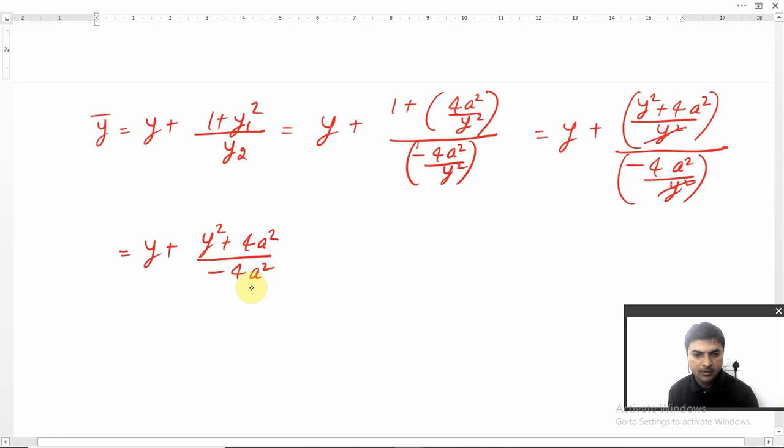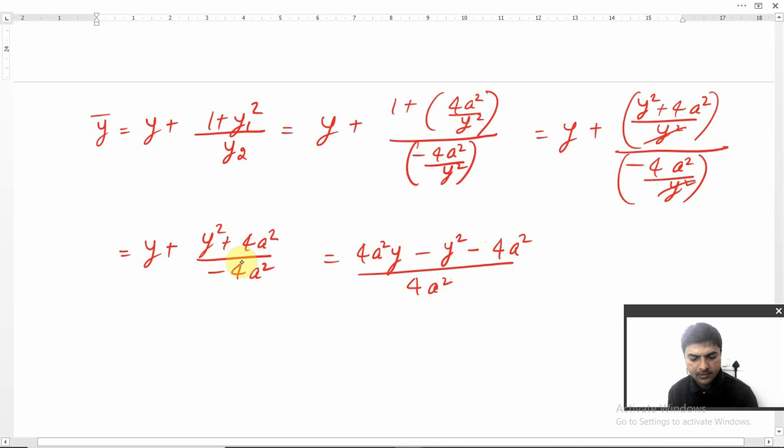If you take LCM, this will be 4a square y minus y square minus 4a square, the whole divided by 4a square.